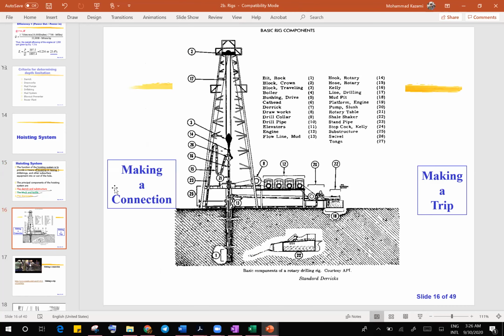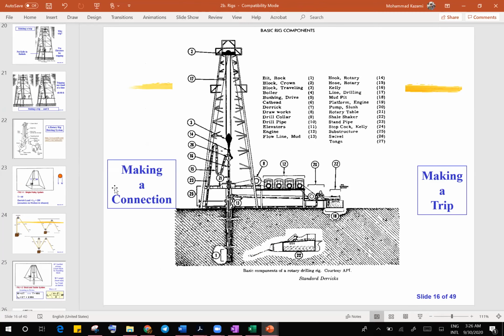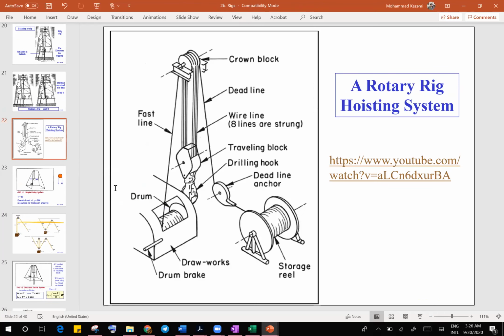So overall, I think I have a picture of that here. There is a drum, there is a drawworks in which the fast line is attached. This is called the fast line, which moves upward and downward. Then this is the crown block, which is static, stationary there.